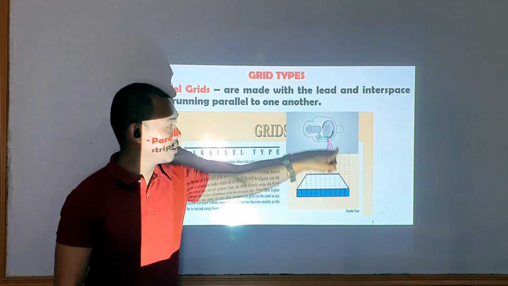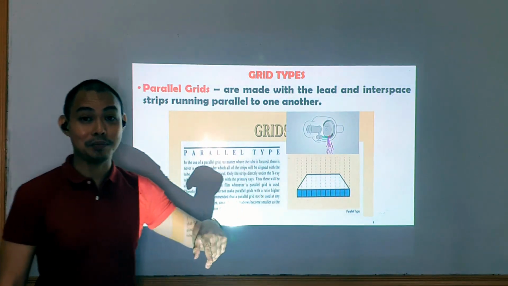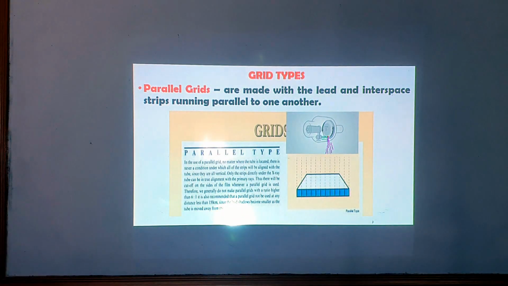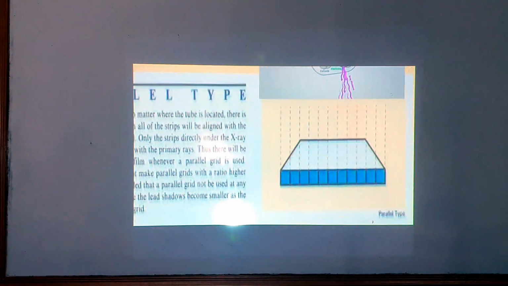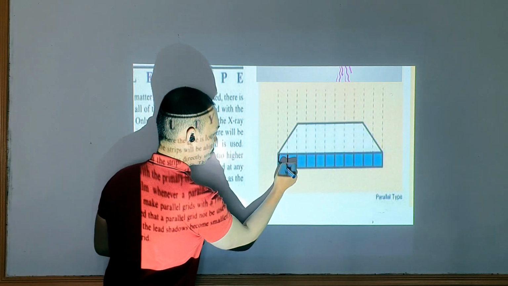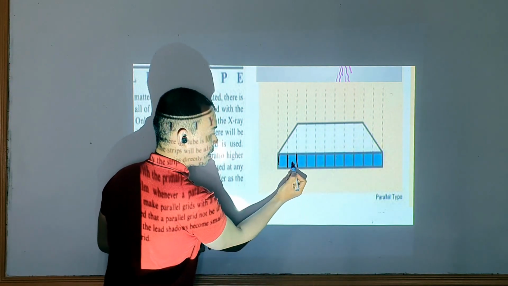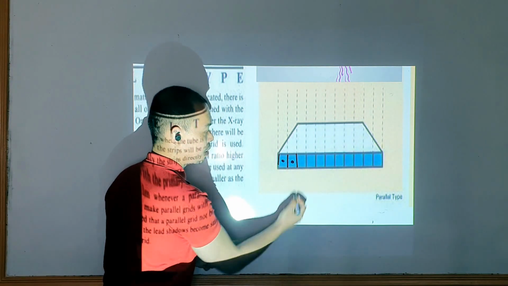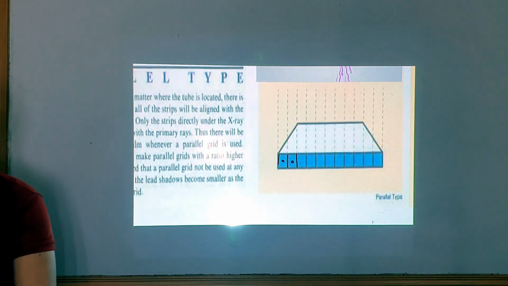They come out like this, in a fan shape. See? Parallel lead strips, interspace material, in a parallel direction.